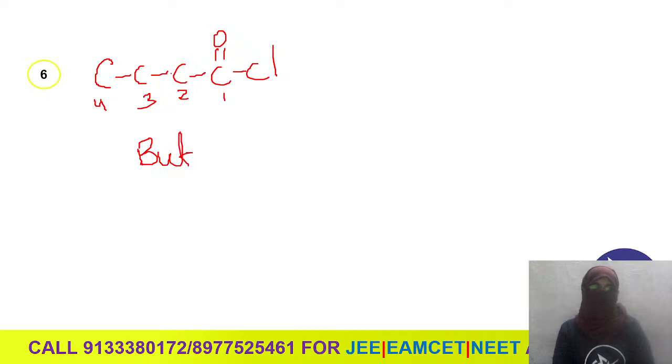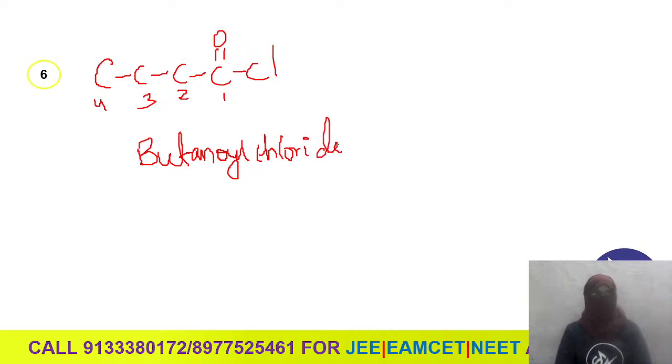And second step is carbon-carbon bonds, butan. And you have only one functional group, you will always use suffix. The suffix of acyl halide is oyl halide. Which halide is here? Chlorine. So we'll write here chloride. The name of the compound is butanoyl chloride. These are acyl halides.